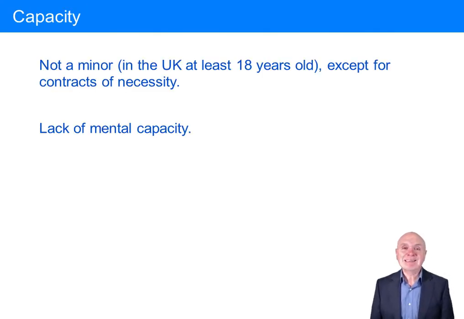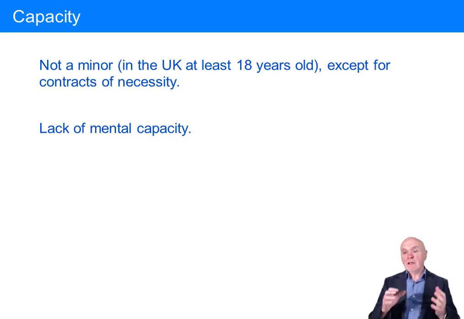And finally, capacity. You have to have legal capacity to form a contract. In the UK, the age of majority, as it's called, comes at 18. For many contracts, people under the age of 18 cannot enter into a legally enforceable contract. The exception is if it's a contract of necessity.